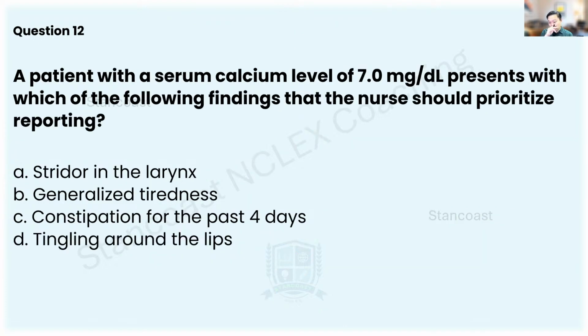Number 12, we're almost through. A patient with a serum calcium level of 7.0 milligrams per dL presents with which of the following findings that the nurse should prioritize reporting? Is it A, stridor in the larynx, B, generalized tiredness, C, constipation for the past 4 days, or D, tingling around the lips?